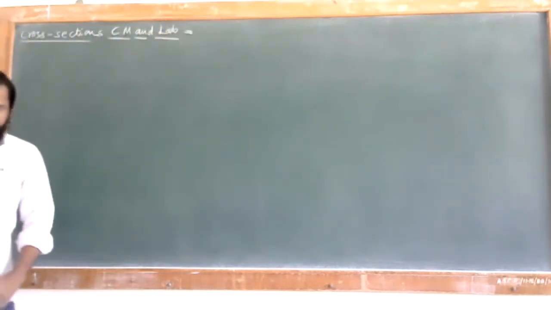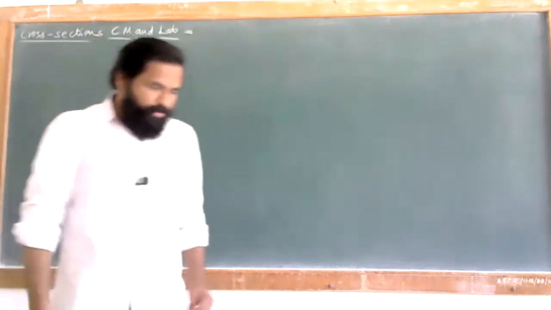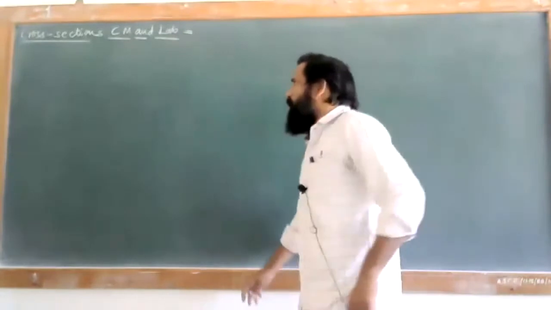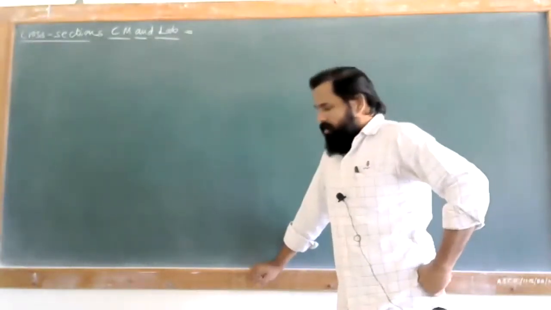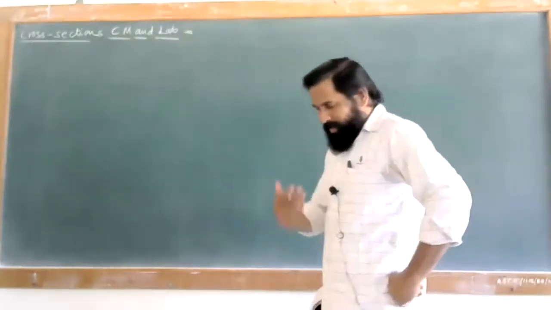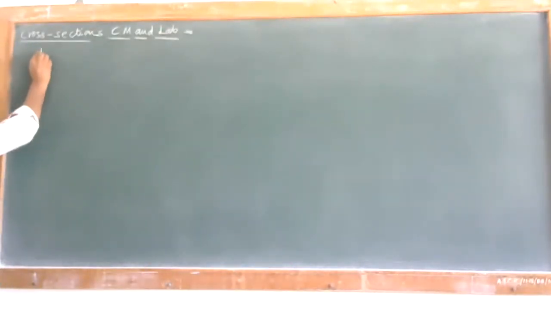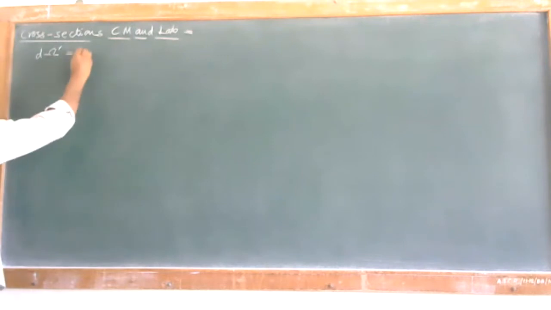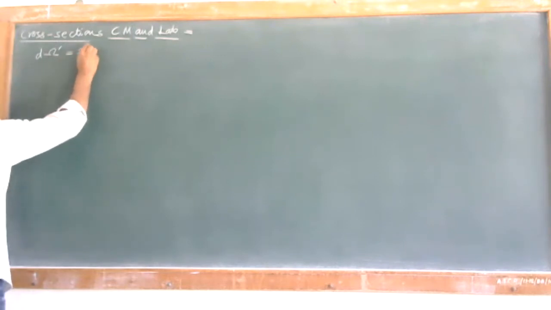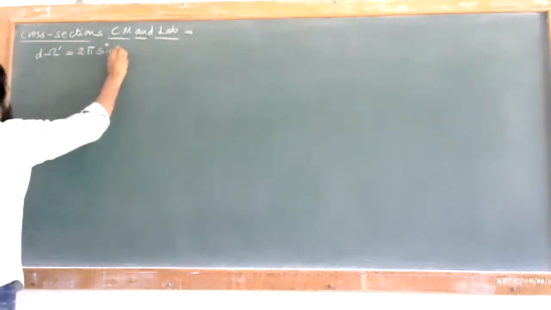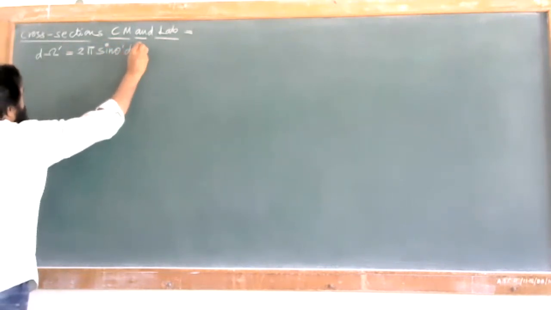In yesterday's lectures, we have seen the condition that is related to your cross sections. So we have the solid angle. Let us say in terms of the center of mass system, this solid angle is given as d omega dash is equal to 2 pi sine of theta dash into d theta dash.